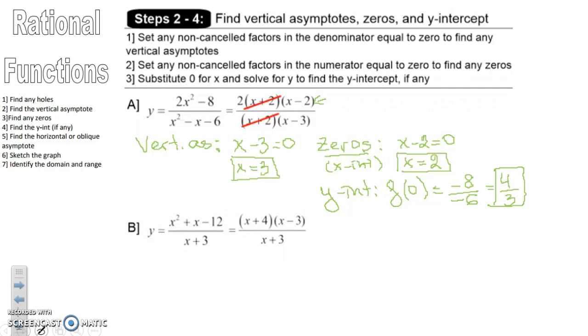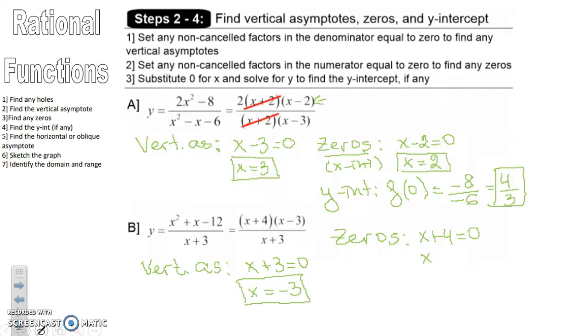Let's complete the same steps for example B. It is already in factored form. There was nothing that we could simplify at all. For the vertical asymptote, take your denominator and set it equal to 0. That gives you an asymptote at x equals negative 3. For your zeros, take anything in the numerator and set it equal to 0.